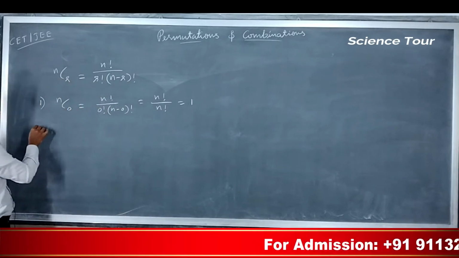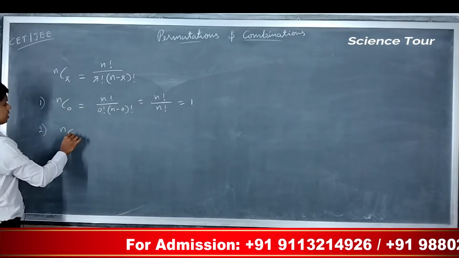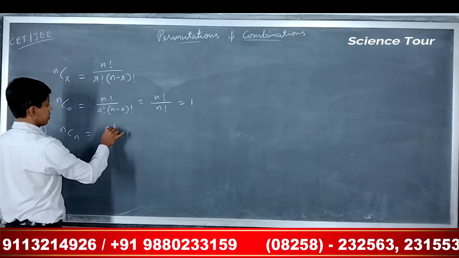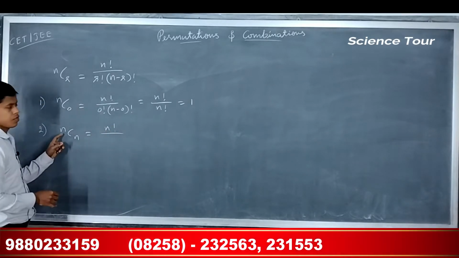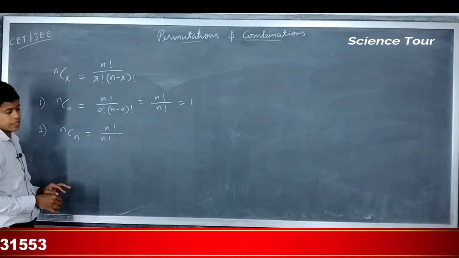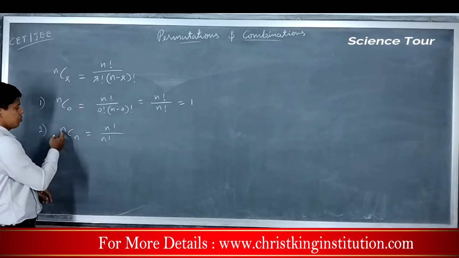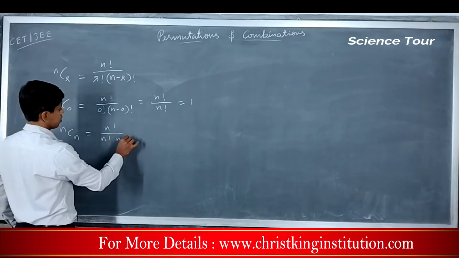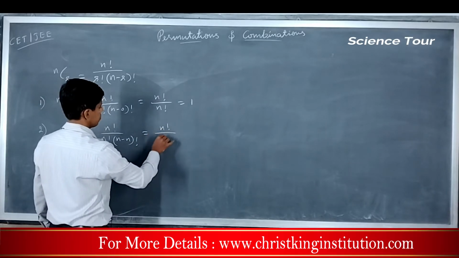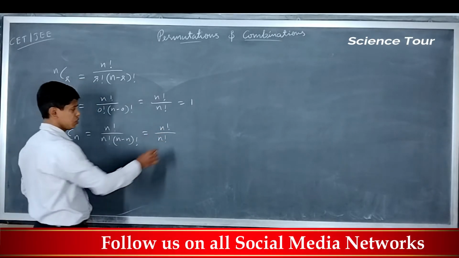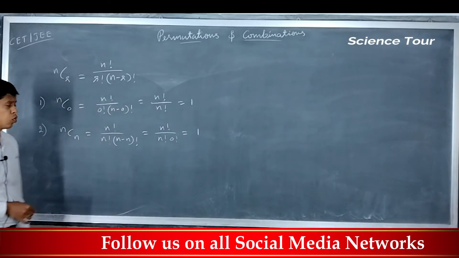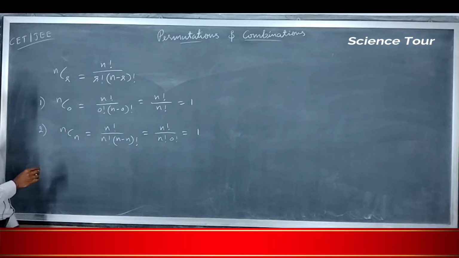And next, the second one: what is nCn? nCn is n factorial divided by n factorial, and in place of n minus r it is n minus n, which is 0 factorial, which is 1. So nC0 and nCn are both 1.